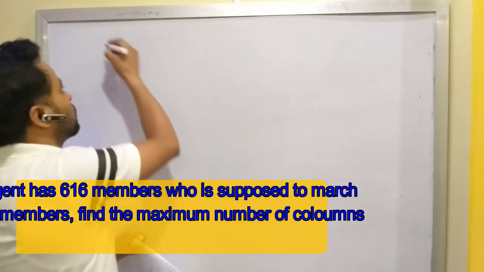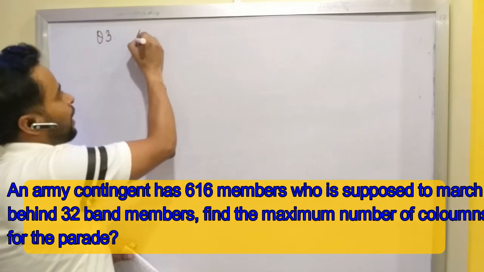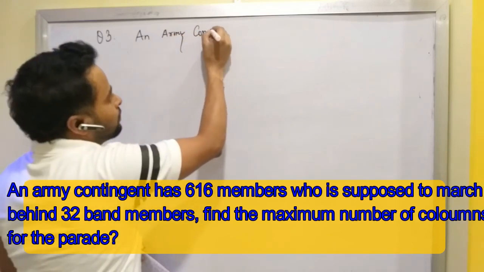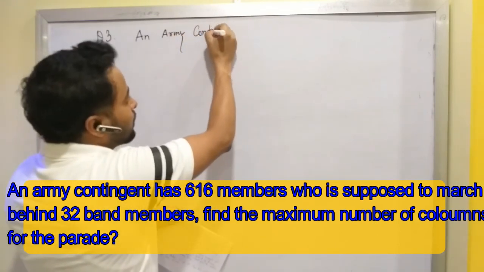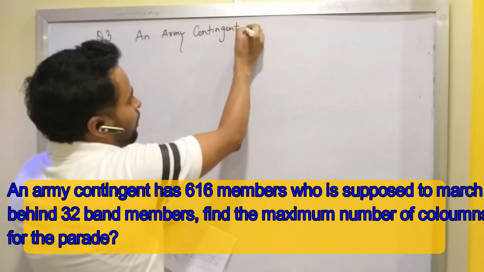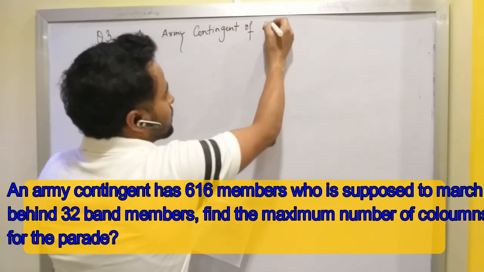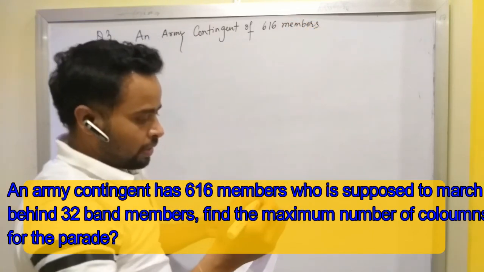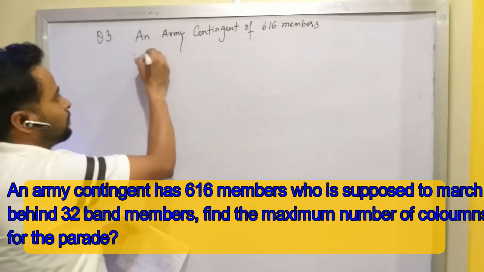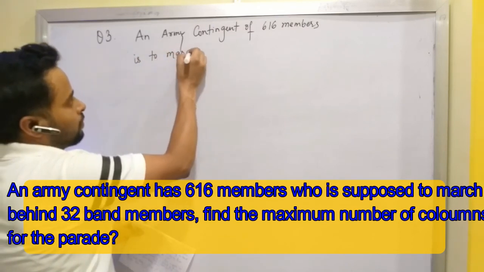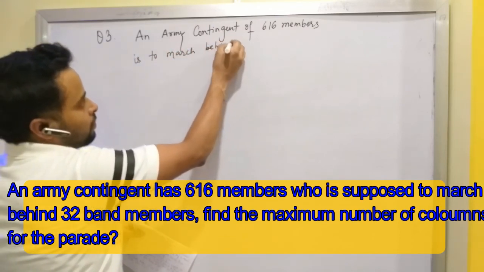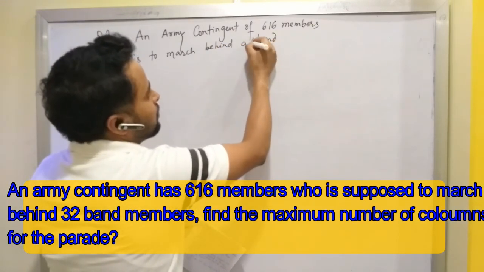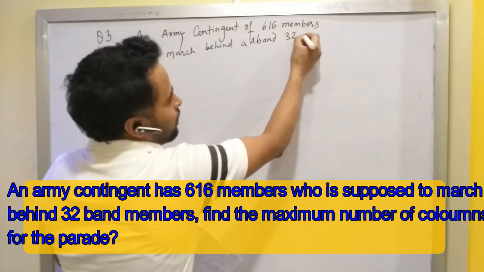Question number 3. An army contingent of 616 members is to march behind an army band of 32 members.